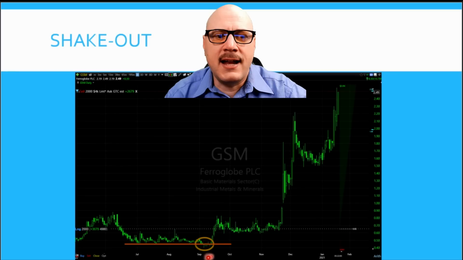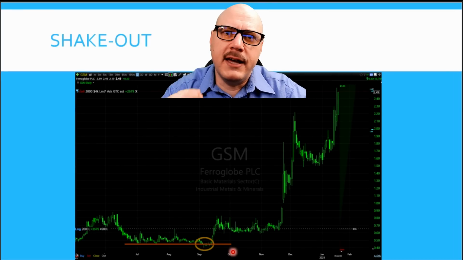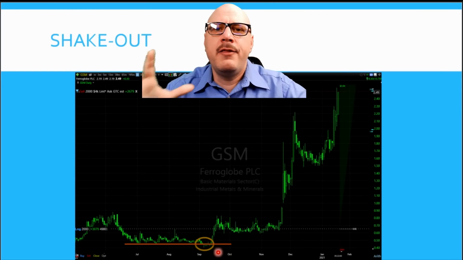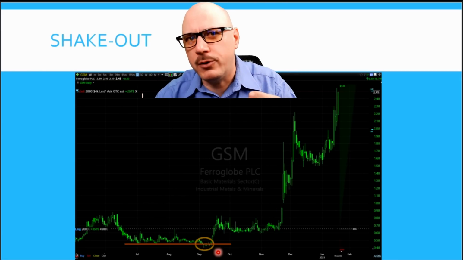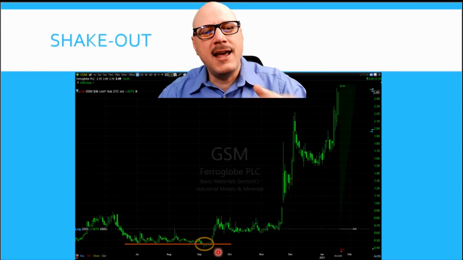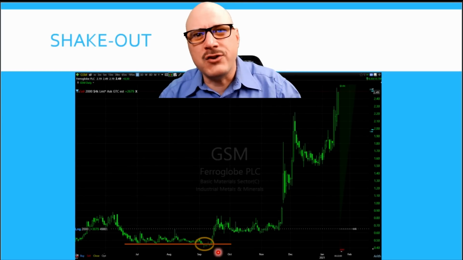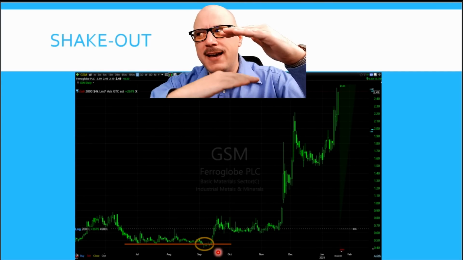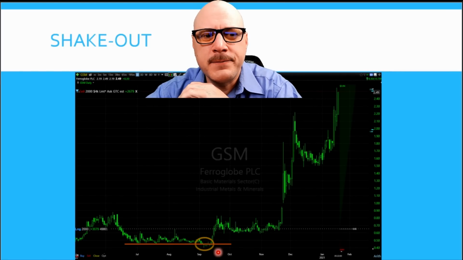And as you'll see inside of this little circle here, just before the market manipulators took this stock up, they wanted to make sure that they could accumulate as much stock as possible. So in order to do that, they sold into a weak market, pushing prices down, which then activated all of the stop losses that would be sitting on that orange line.